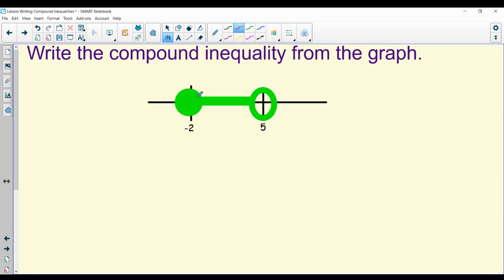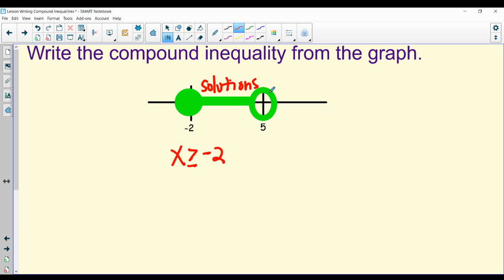Okay, so on this one, we have a closed circle at -2, an open circle at 5, and these represent our solutions right here in the middle. Okay, so there are two ways to look at this. We could say because it is shaded to the right of -2, the solutions have to be greater than -2. Now there's also a closed circle, so the solutions can be greater than -2, also equal to -2.